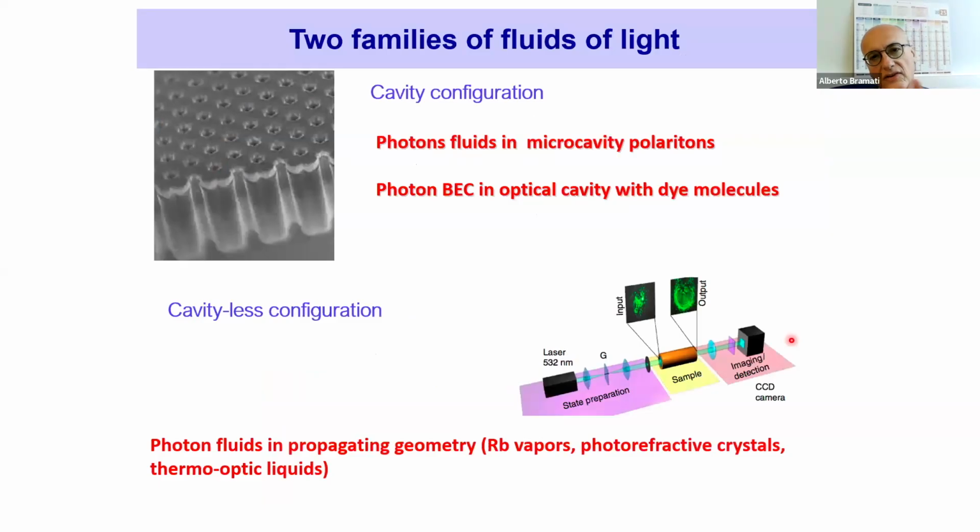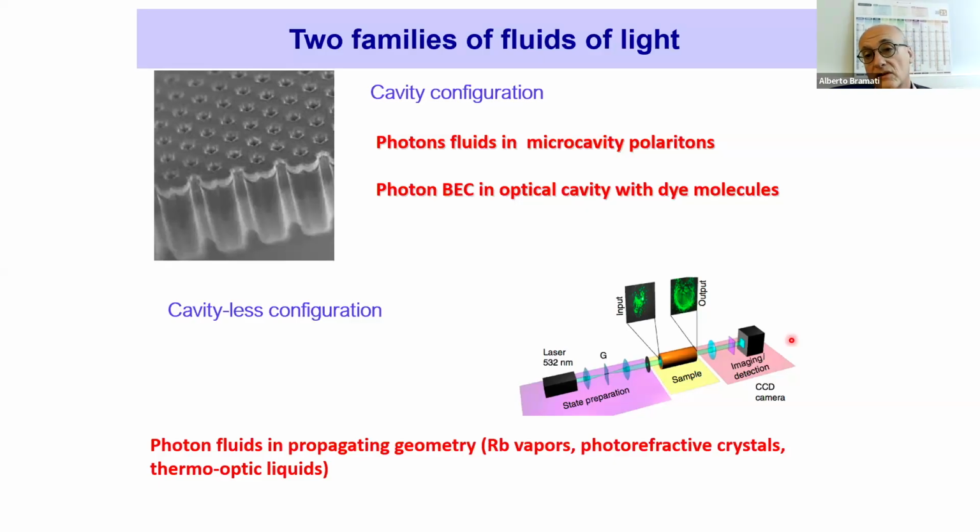Then we can classify fluids of light into two main families. The first one is based on a cavity configuration, with photons confined in a cavity that interact with a nonlinear medium.